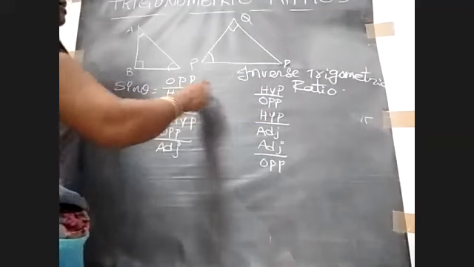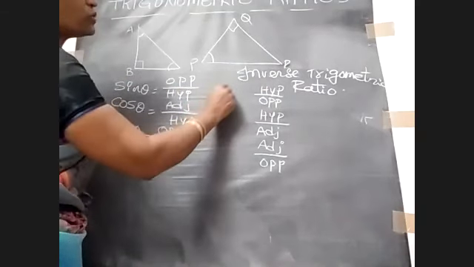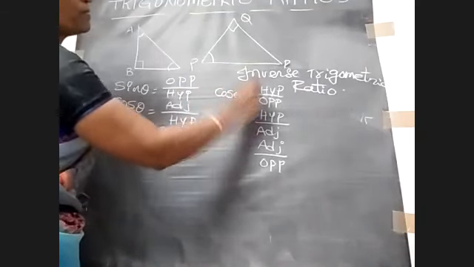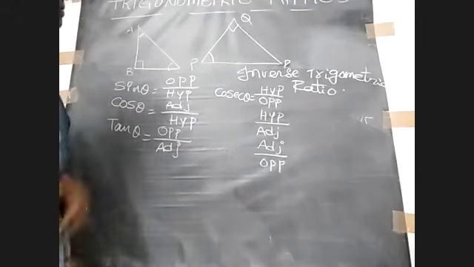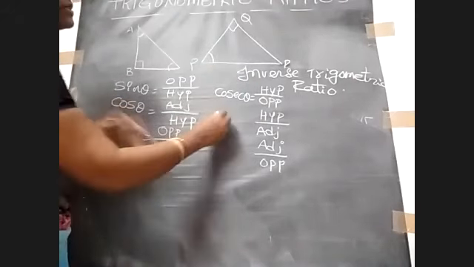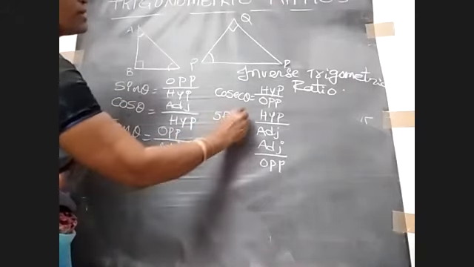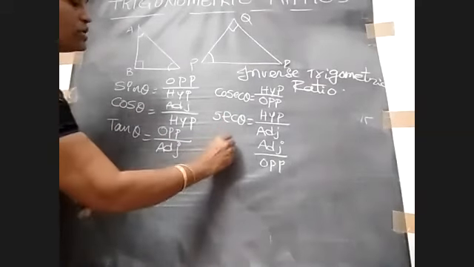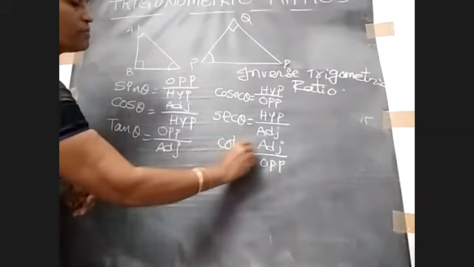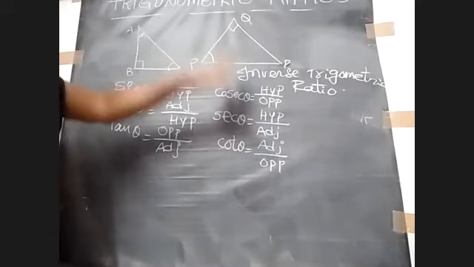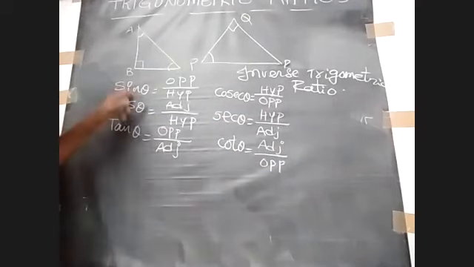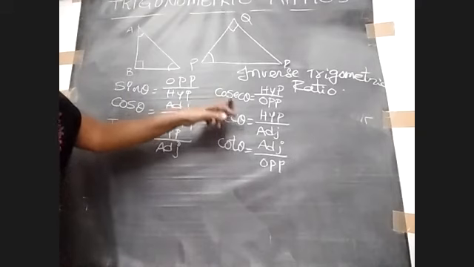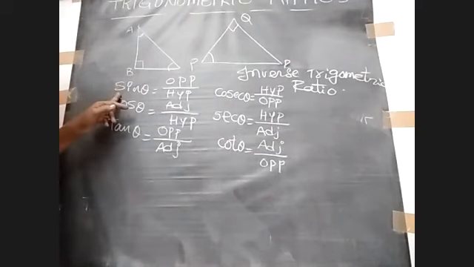These ratios are called inverse trigonometric ratios. The inverse of sin theta is 1 by sin theta, which is cosec theta. The inverse ratio of cos is secant theta, and the inverse ratio of tan is called cot theta. That means sin theta is inverse to cosec theta and cosec theta is inverse to sin theta.